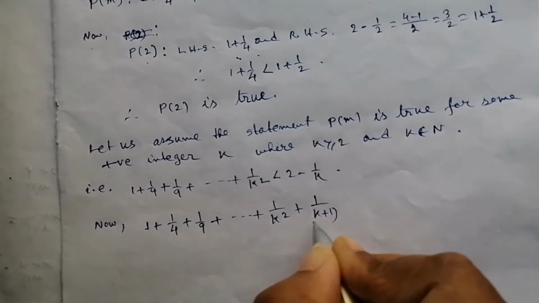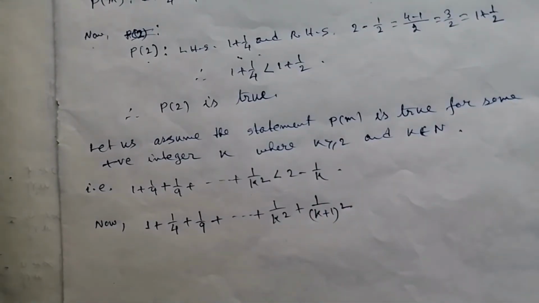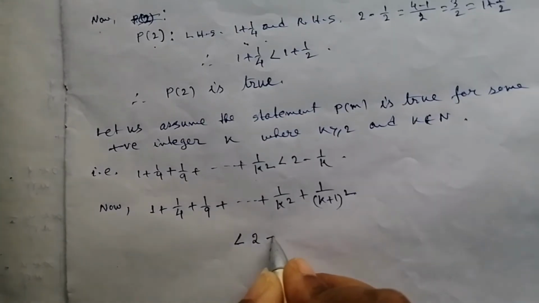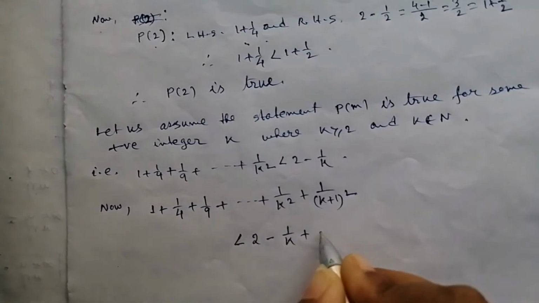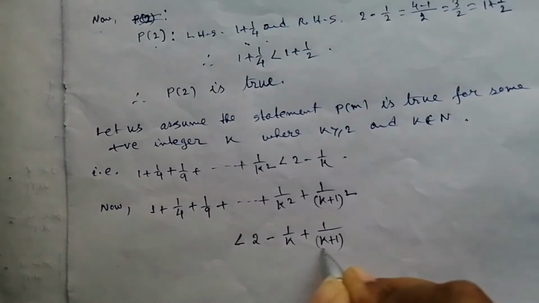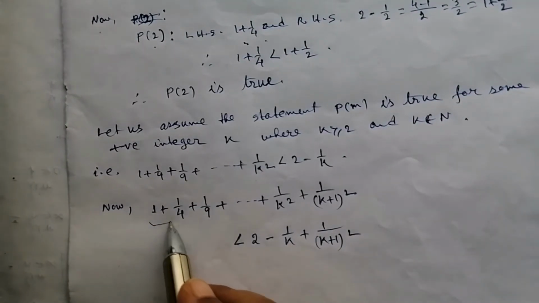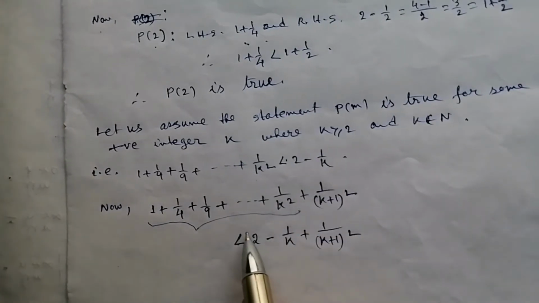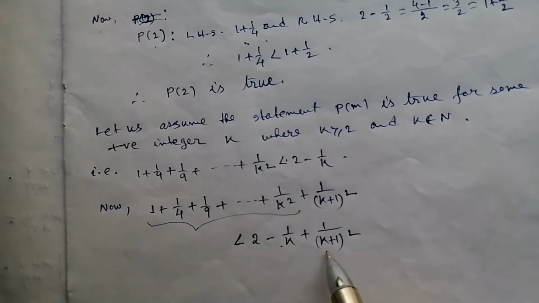1 by (k plus 1) whole square, which is less than 2 minus 1 by k plus 1 by (k plus 1) whole square, because the first terms are less than 2 minus 1 by k, and this term is the same.